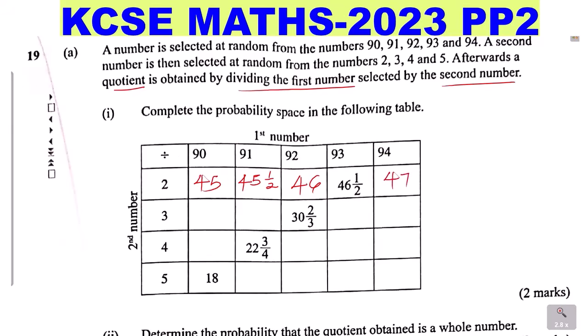Go to the second row, 90 divided by 3, you write the answer here, it will be 30. Then the next is 91 divided by 3, we put the answer here, it will be 30 and 1/3.